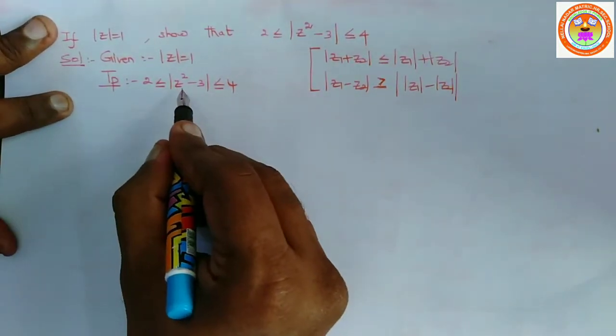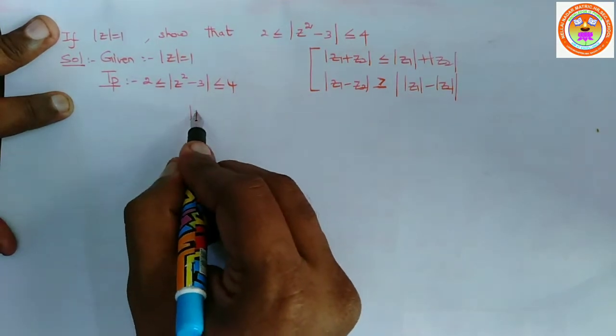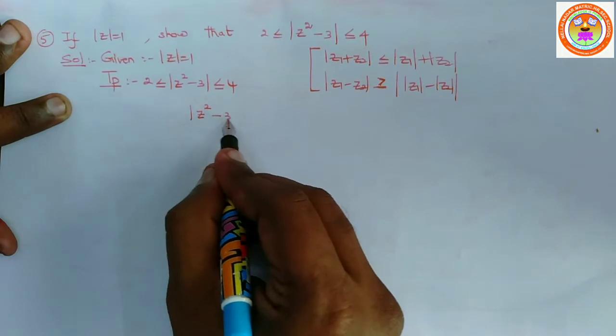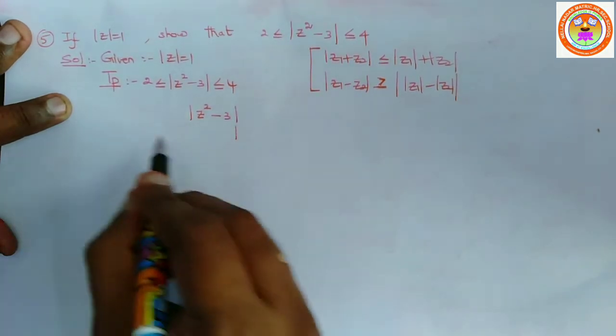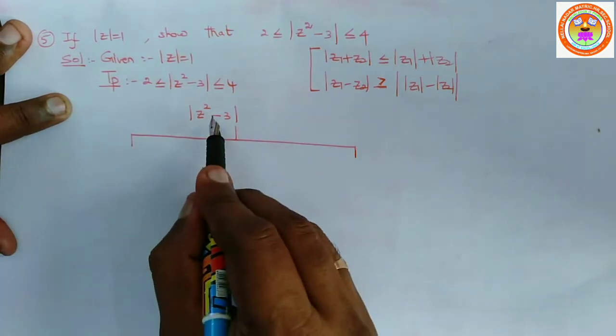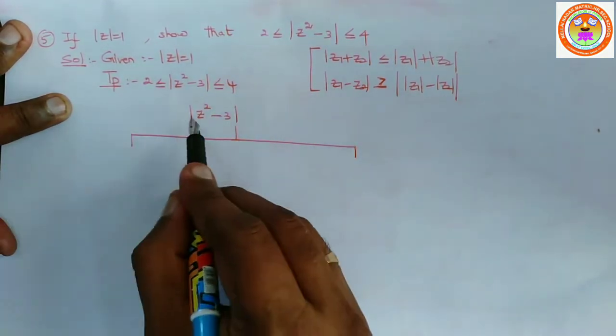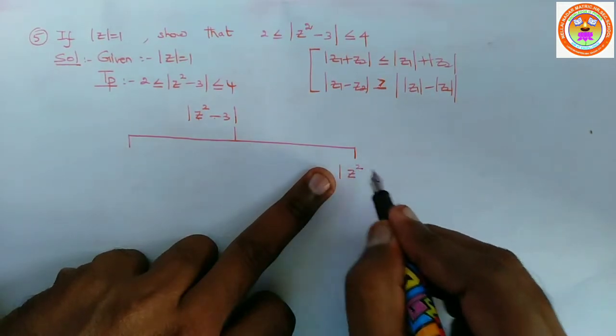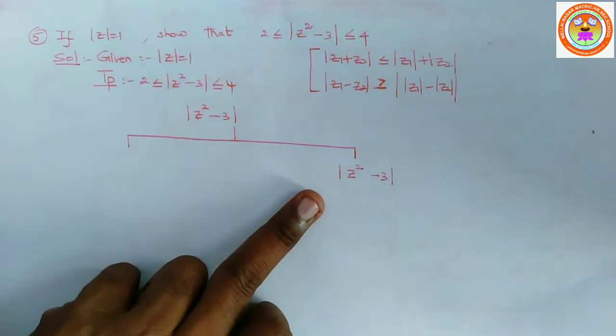So we are going to take this one alone. Modulus of z square minus 3. This one I need to divide in two parts. See, minus is present, so no problem here. z1 minus z2, so this one we achieved here. z square minus 3 we achieved, no problem.